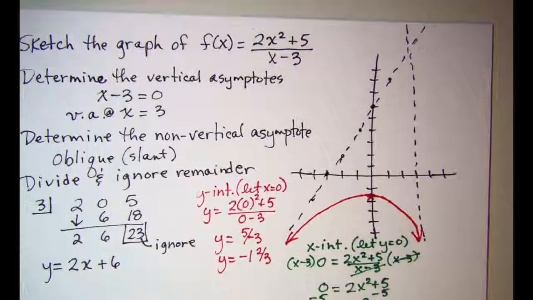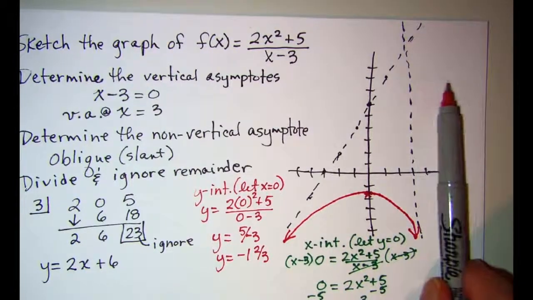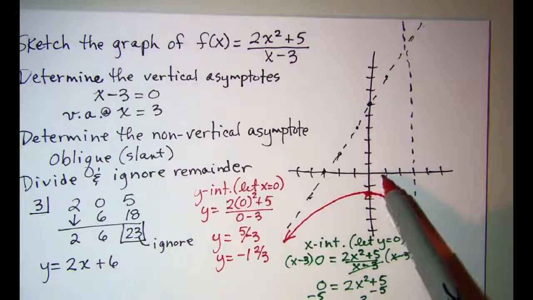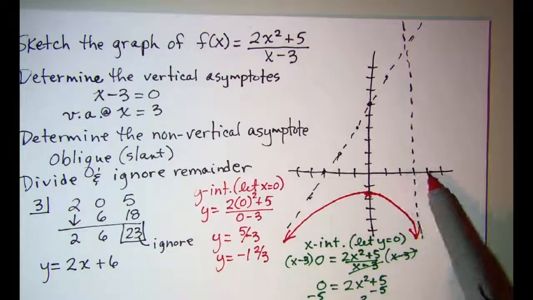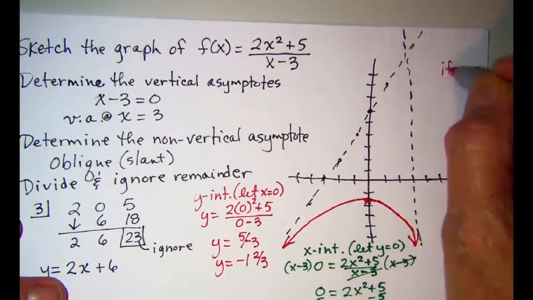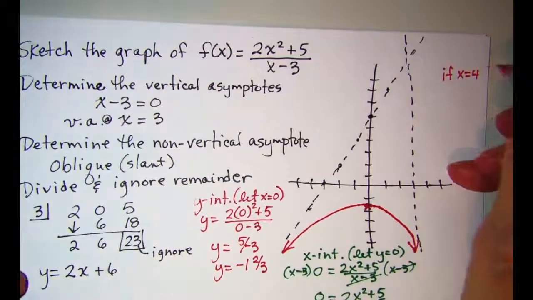Now to decide what's going on the right side of my vertical asymptote, I can put x equal 4 in my equation.